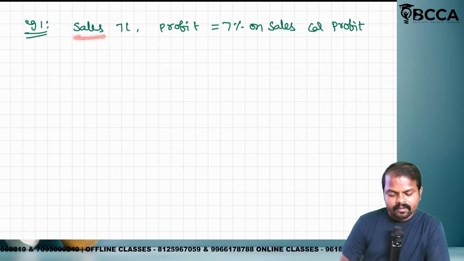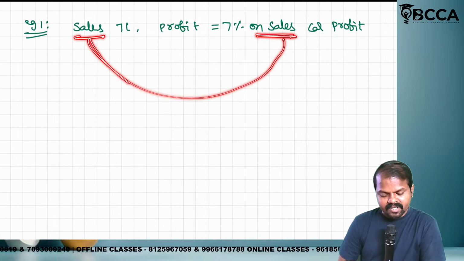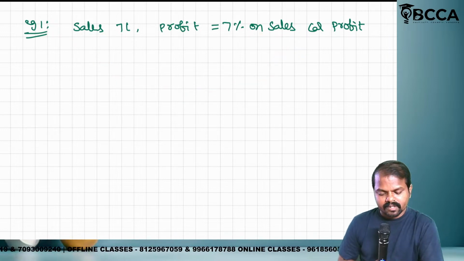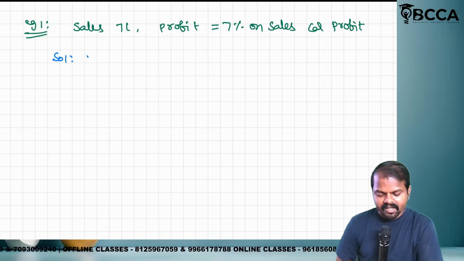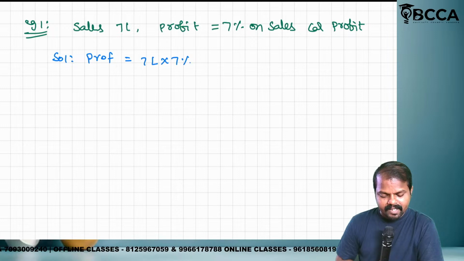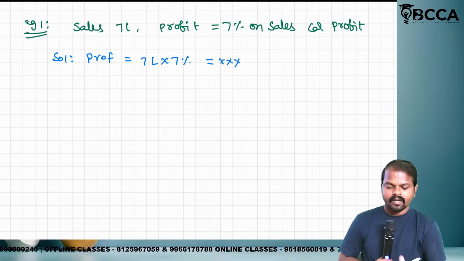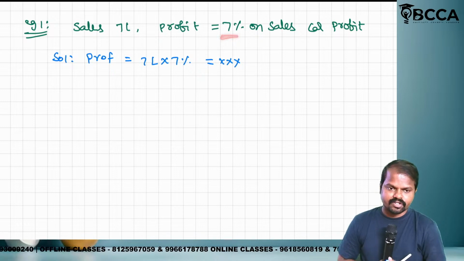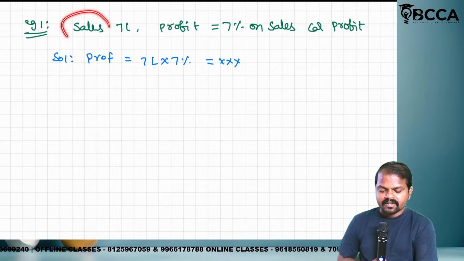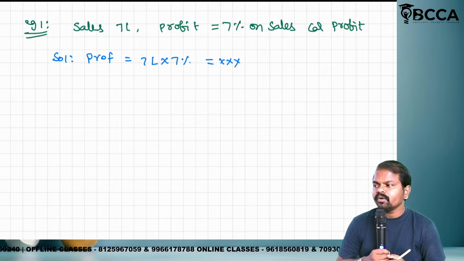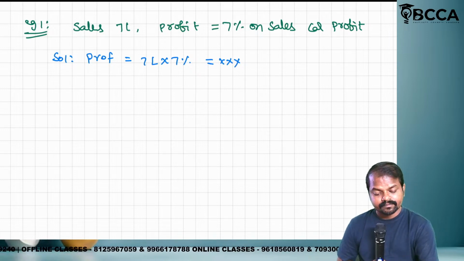Sales. Matched or not matched? Then solution: profit is equal to 7 lakh into 7%, that is some amount. Amount doesn't matter, the calculator is there. It means this percentage should not change. Why? Information is sales, percentage on sales, no need to change.